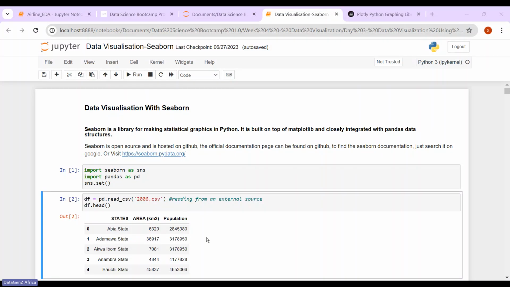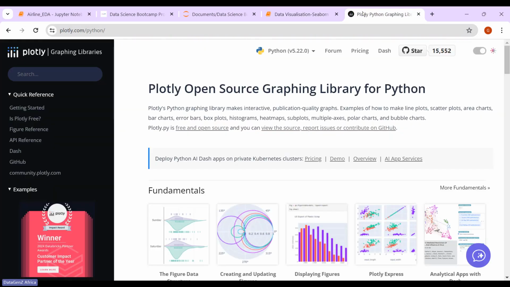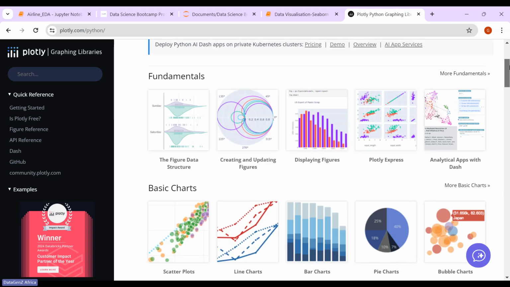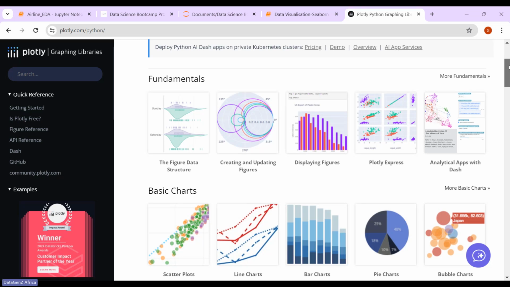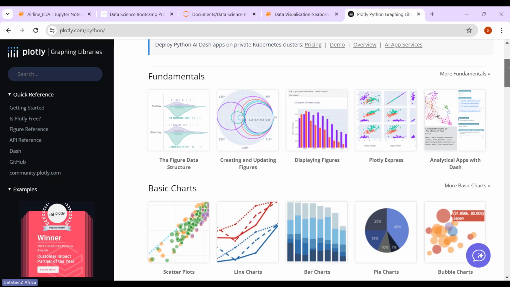All right, so like I was saying earlier, I went to the Plotly website. This is the website, and I was saying that it's also a very robust package for visualization. Basically, these packages are very easy to use so long as you know how to read documentation.